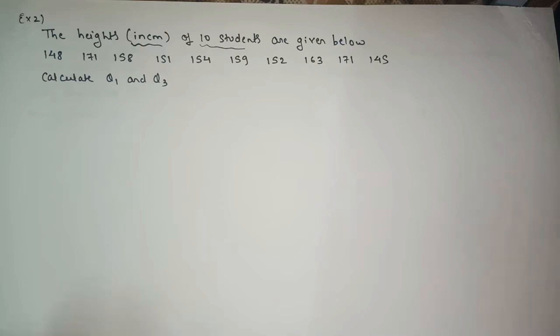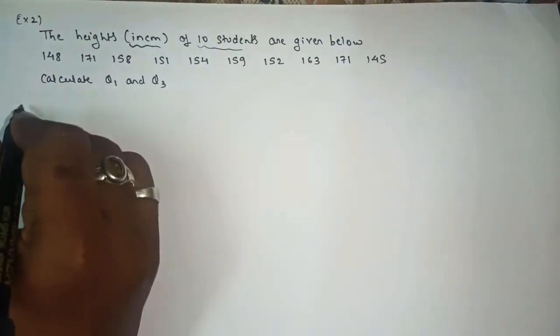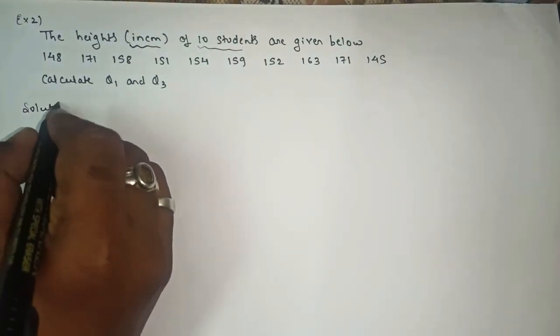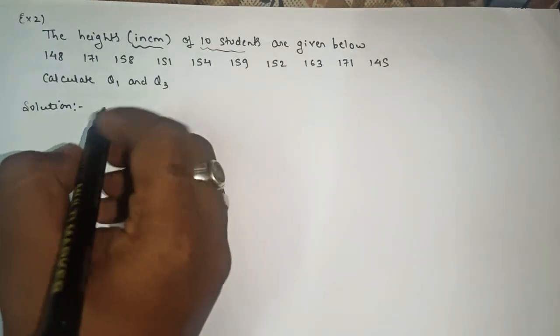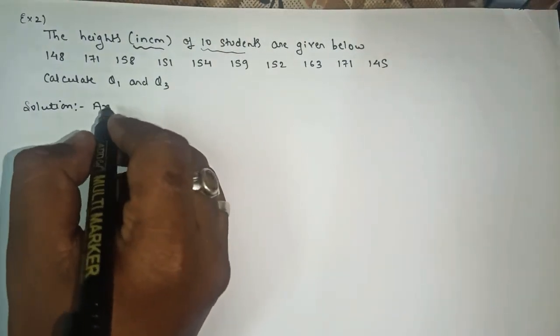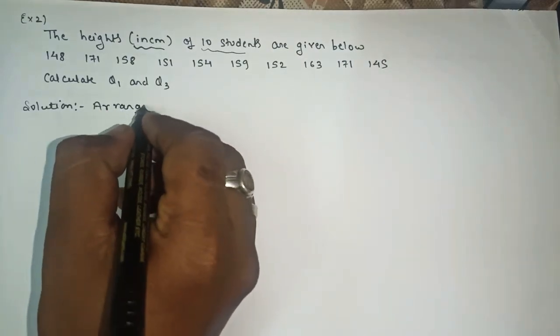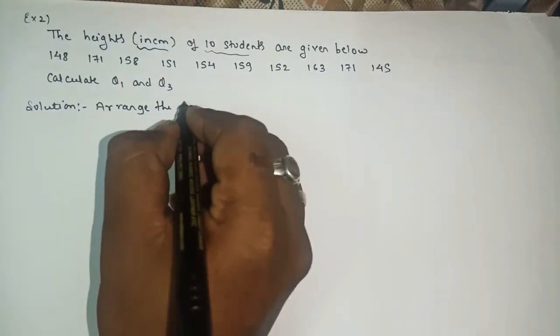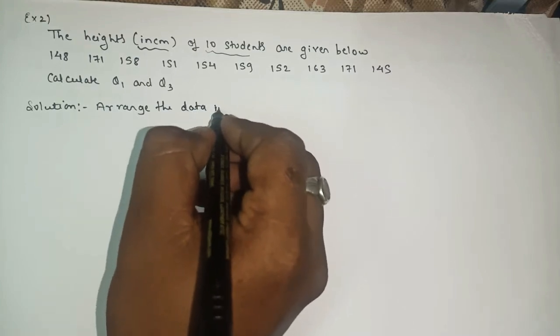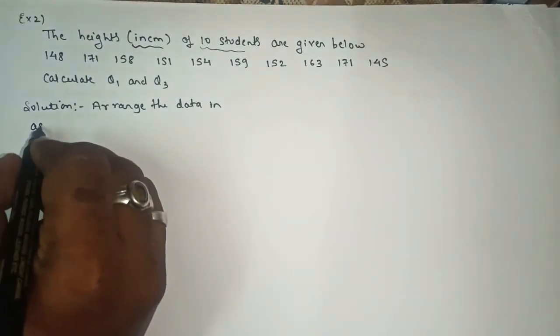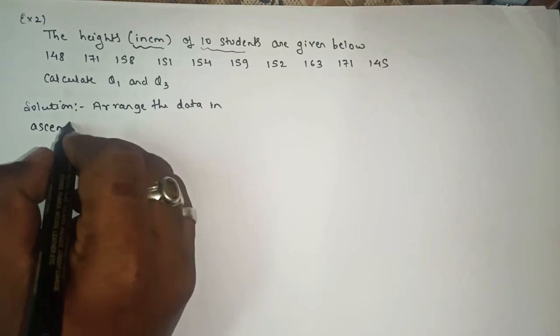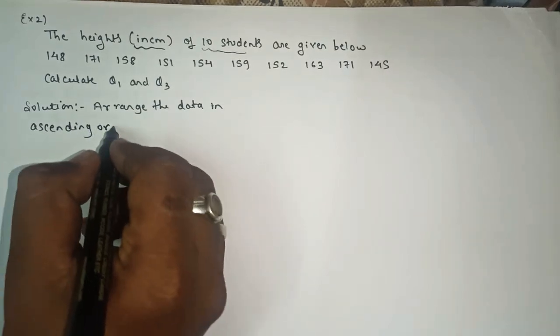So here we'll see the second example. Solution part, first step: we know that we have to arrange the data in ascending order, that means smaller to bigger.